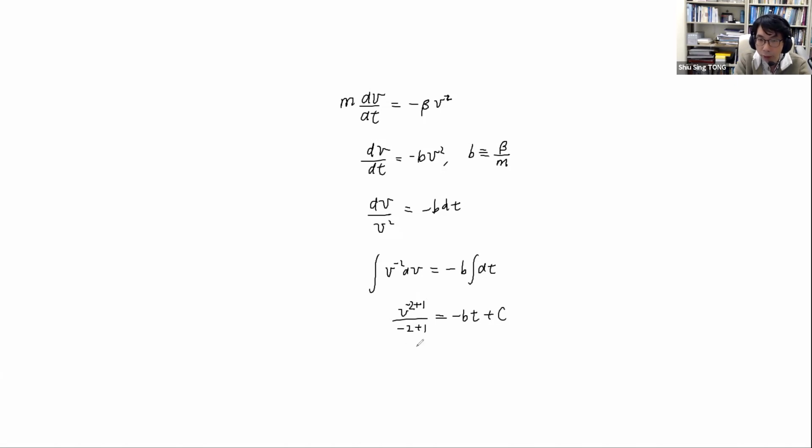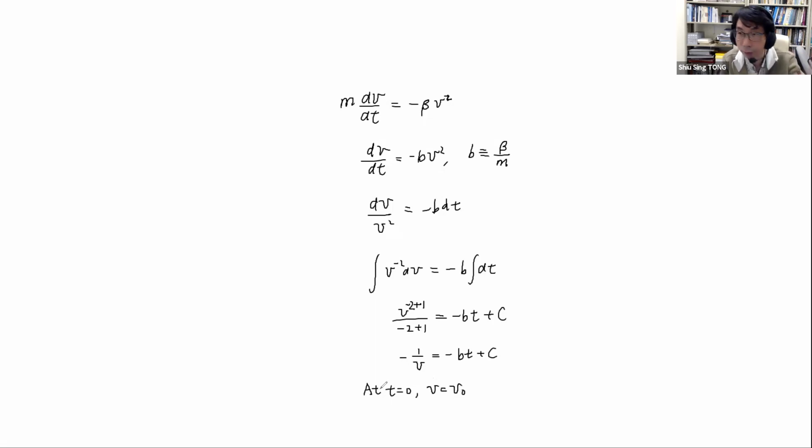So what would be the case? You now have minus 1 over v, which is negative because of minus 2 plus 1, equal to bt plus c. So what is the initial condition? The initial condition is that at time t equal to 0, the initial velocity is v naught.